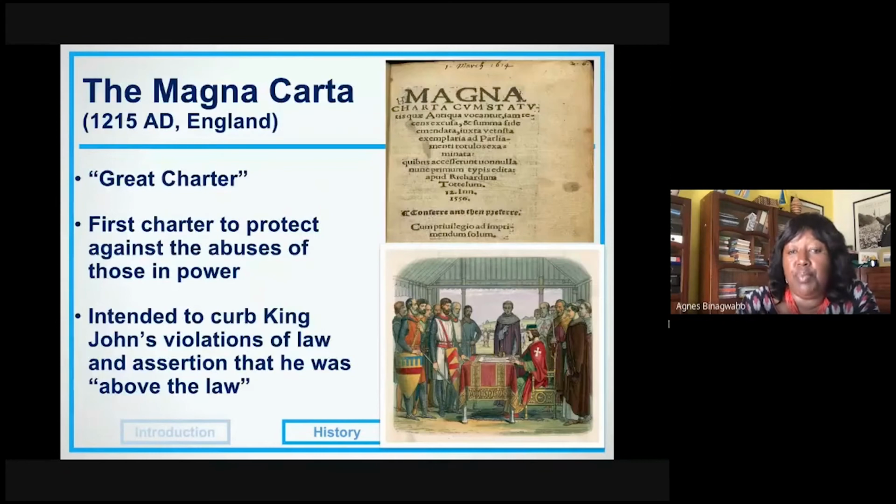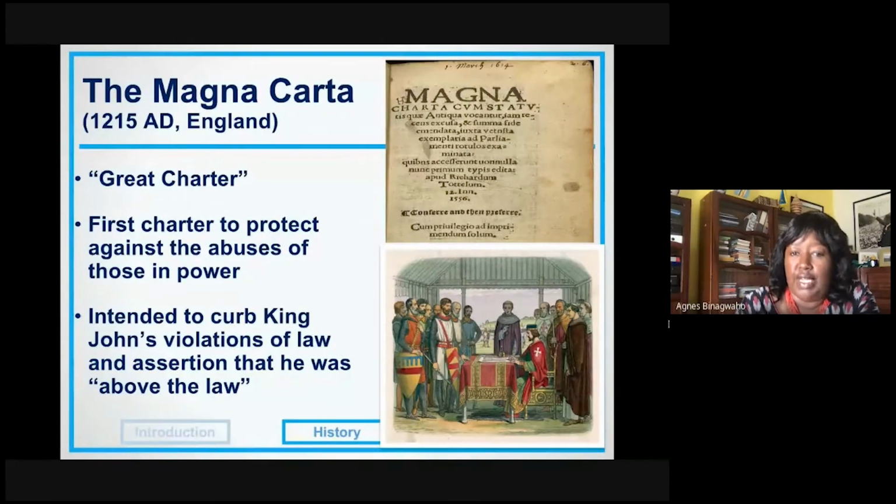There is another important step in the story of human rights: the Magna Carta, also called the Great Charter. Conceived in 1215, it is the first charter that protects landlords in Europe against abuse of a king within the feudalism system.